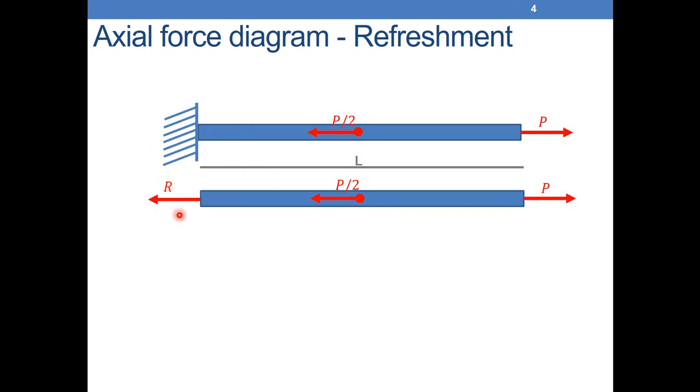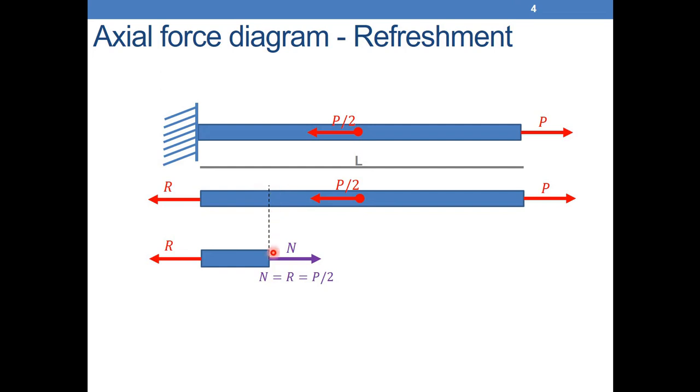If we do sum of forces equal to 0, we can find that R is equal to P over 2 to the left. After that, we can make a cut. We can make any cut between this point and this point, for example in the middle here, because I don't have any force acting here or here.